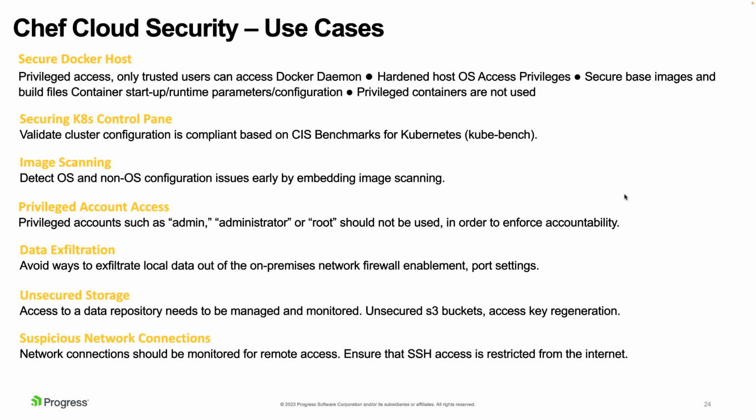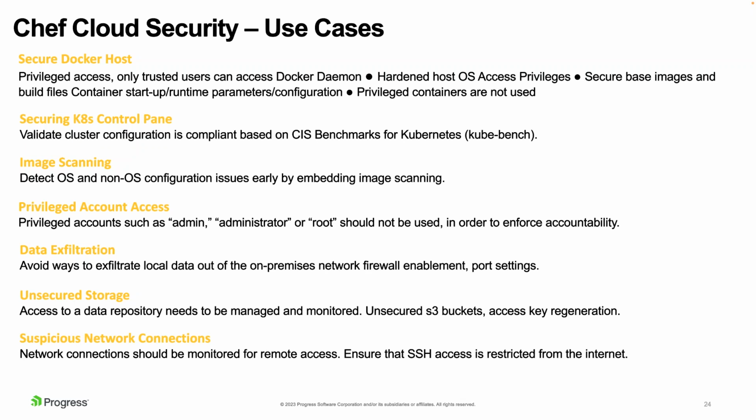The use cases that Chef's cloud security solution offers include not only privileged access, that is securing the Docker host, but it also helps in system hardening, that is to prevent unregulated access, and it also allows securing your Kubernetes control plane, that is your Kubernetes clusters can be validated to check if their configurations are compliant based on organizational compliance requirements.